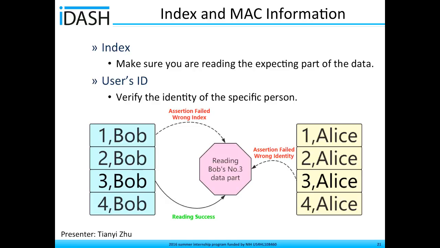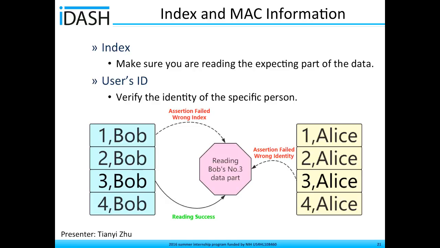Assume that you are trying to read Bob's number 3 data part, and the hackers let you read the first part of Bob's data. You will have a wrong index, so your reading will fail. In the second case, you are reading the number 3 data part of Alice. You will have a failed reading because our program will tell you that you have the wrong identity.